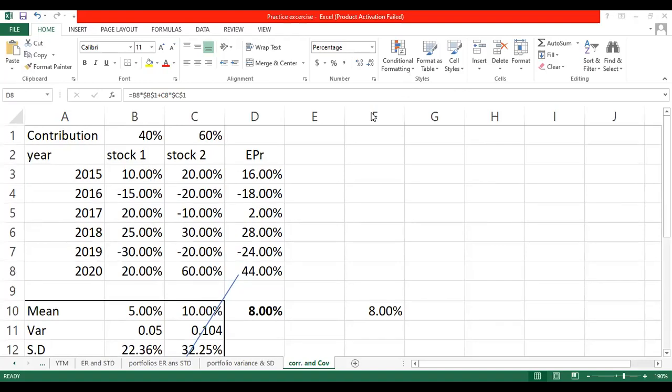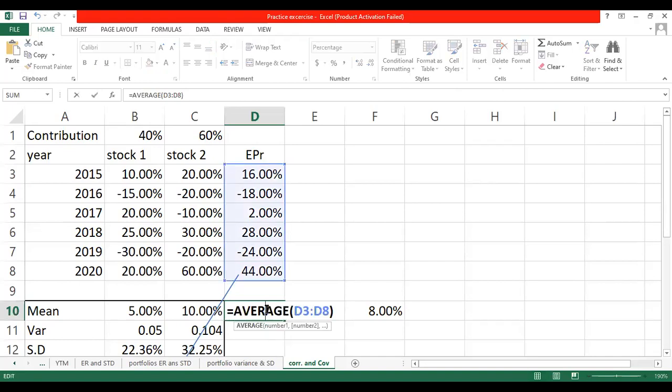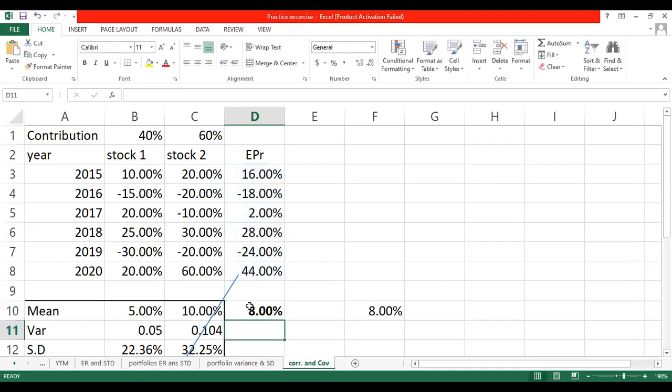It's very simple, just taking the average of the expected portfolio returns, you will get a single value of portfolio return throughout the investment years, that is 8%.